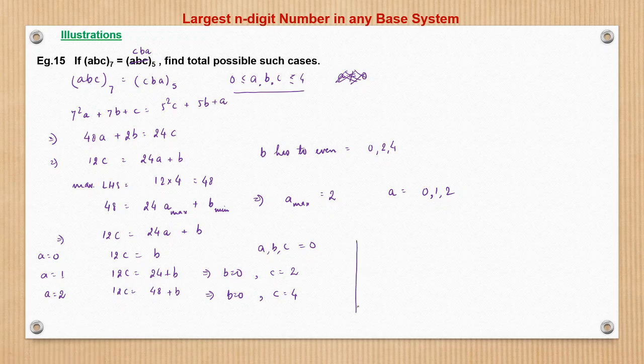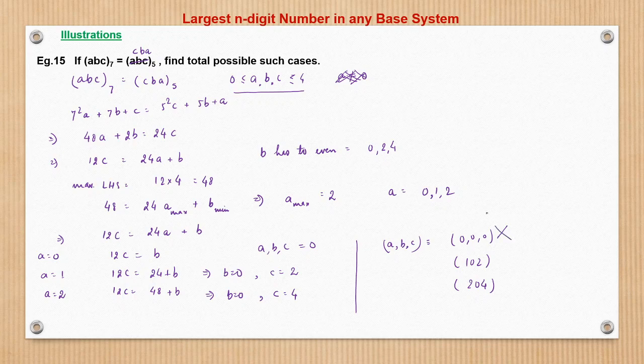So now we will see the possible values of A, B, C: A is 0, B is 0, C is 0, another is 1 0 2, and then one is 2 0 4. This we will take as a non-trivial solution.